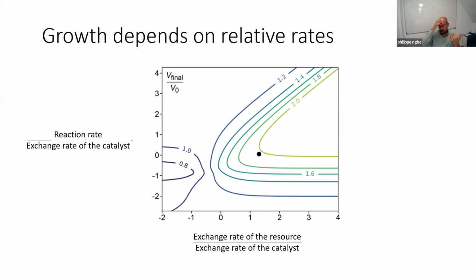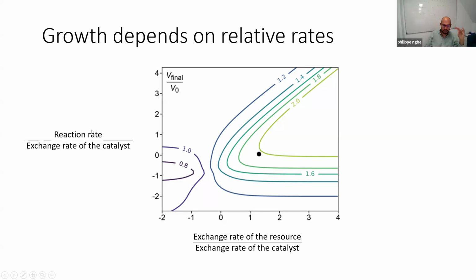If you can exchange the resource, but then you're really slow at doing the reaction, maybe it doesn't matter that you exchange the resource. The y-axis is another important parameter, is how fast you do the reaction. Oh, sorry, I was a bit confusing. So the x-axis is how fast you exchange the resource with how fast you exchange the catalyst.